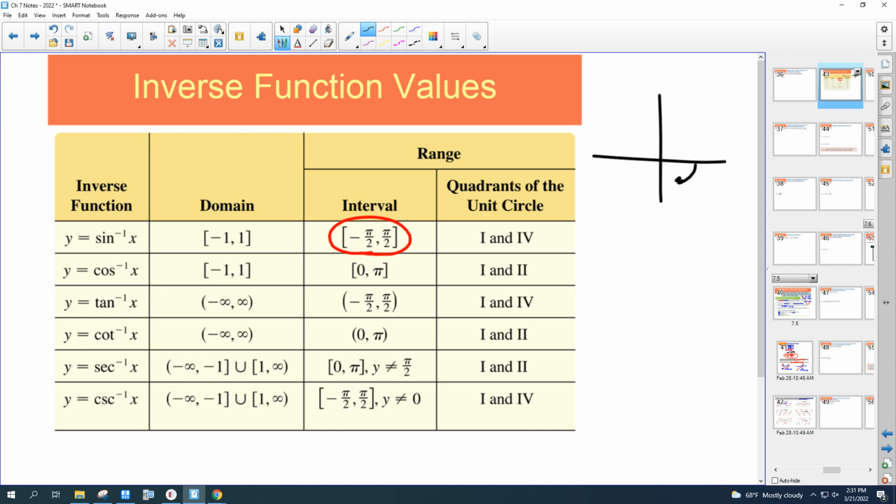Negative pi over 2 is like going backwards this much. Positive pi over 2 is going forward this much. And so what this interval says is I only want answers, it's the range after all, it's the output, between negative pi over 2 and positive pi over 2, like this. Okay? It is only defined in quadrants 1 and 4.